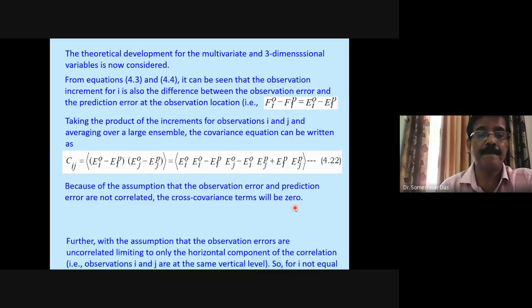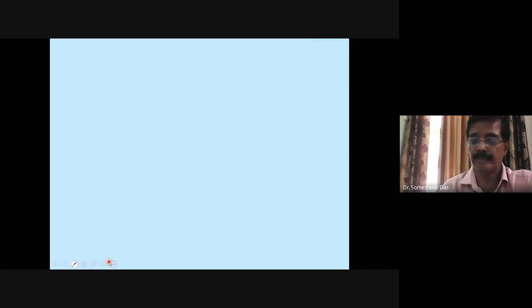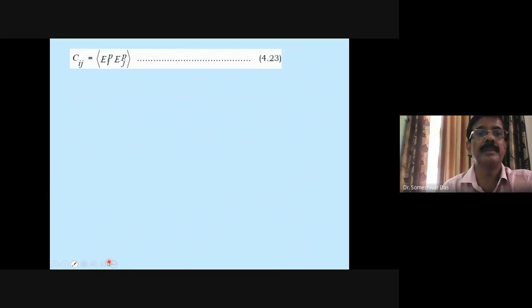Further, with the assumption that the observation errors are uncorrelated, limiting to only the horizontal component of the correlation, that is, observations at I and j are at the same vertical level, for I not equal to j you can write Cij equal to the error correlation of the prediction between I and j point.